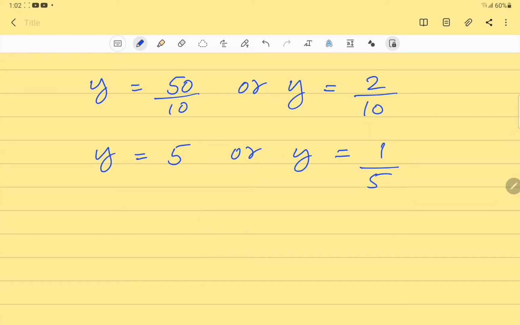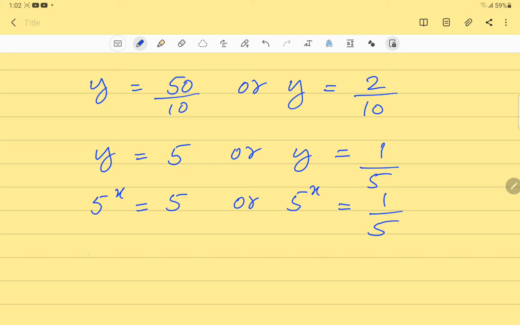But earlier in this question we assumed that y is equal to 5 raised to power x. Here we will replace back this value of y. So we will write here 5 raised to power x is equal to 5, or 5 raised to power x is equal to 1 over 5.